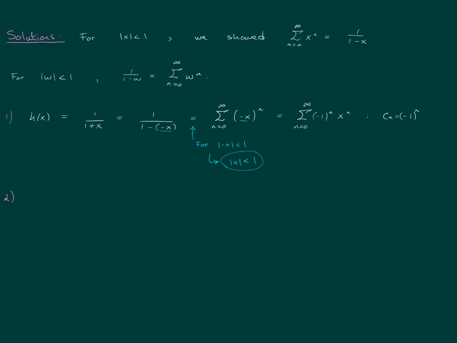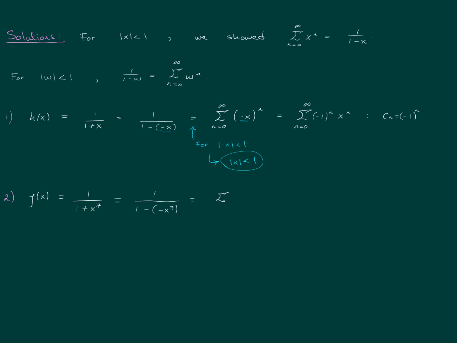Okay, move on to the second example. j of x is equal to 1 over 1 plus x to the 7. This is equal to, again, the same trick. We write 1 plus x to the 7 as 1 minus minus x to the 7.